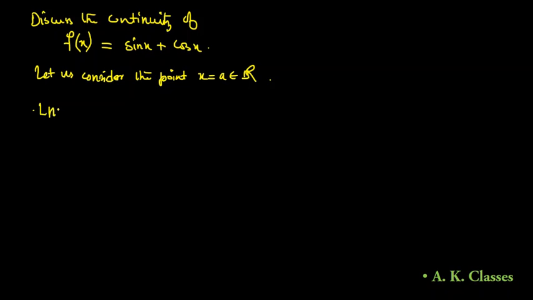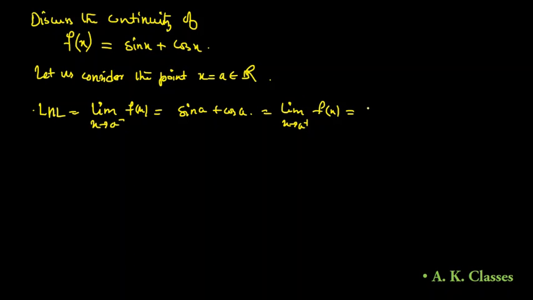Both of you are getting this one, no? Limit of x tends to a negative f of x equal to sin a plus cos a, which equals limit of x tends to a positive f of x. f of a comes to sin of a plus cos of a.